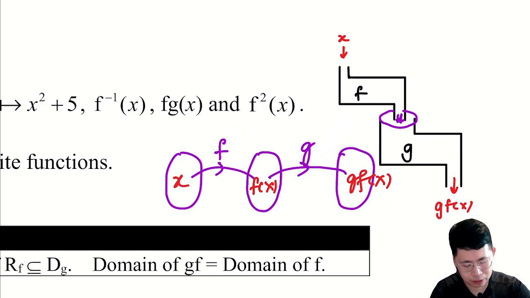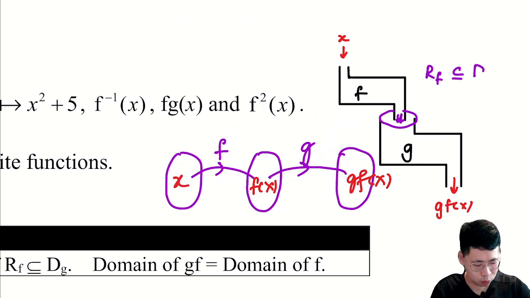In mathematical notation, this tells us that the range of f, which is the set of output values from function f, must be a subset of, or at least equal to, the domain of g.